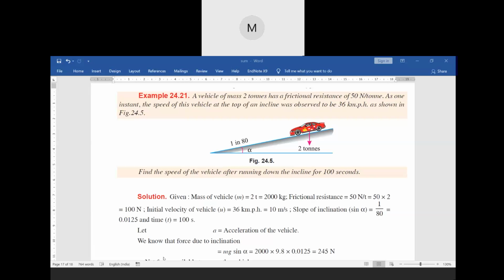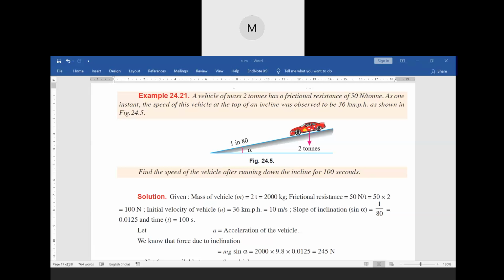If 1 ton is 1000 kilograms, definitely 2 tons is equal to 2000 kilograms, right? Now we have to find the mass in standard units. That standard unit will be in kilograms.